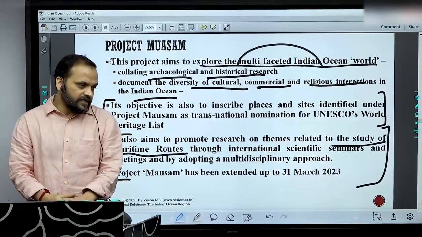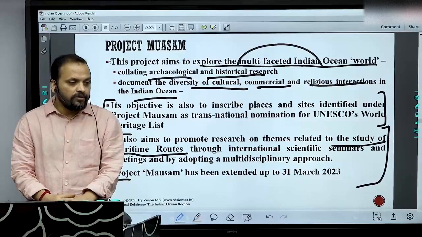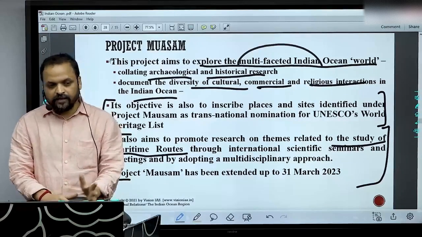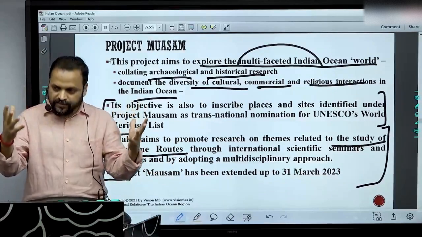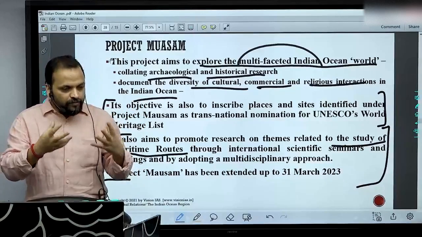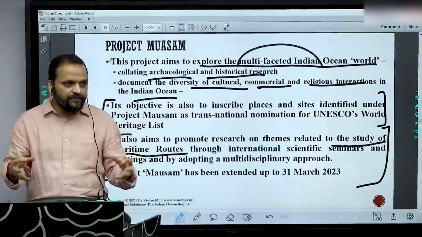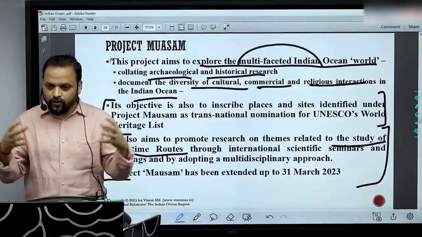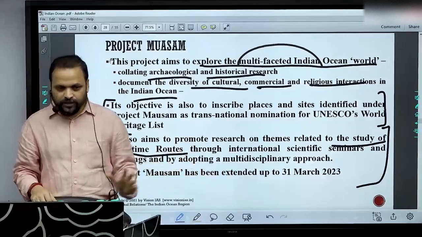Is there any strategic significance of it, right? So this is something that you can understand. This is what happens in UPSC: in the UPSC Mains examination, Project Mosam is part of India's larger Indian Ocean strategy. When you are talking about the Indian Ocean, you talk about India, you also talk about China, and thereby you establish the validity of a project like Project Mosam.